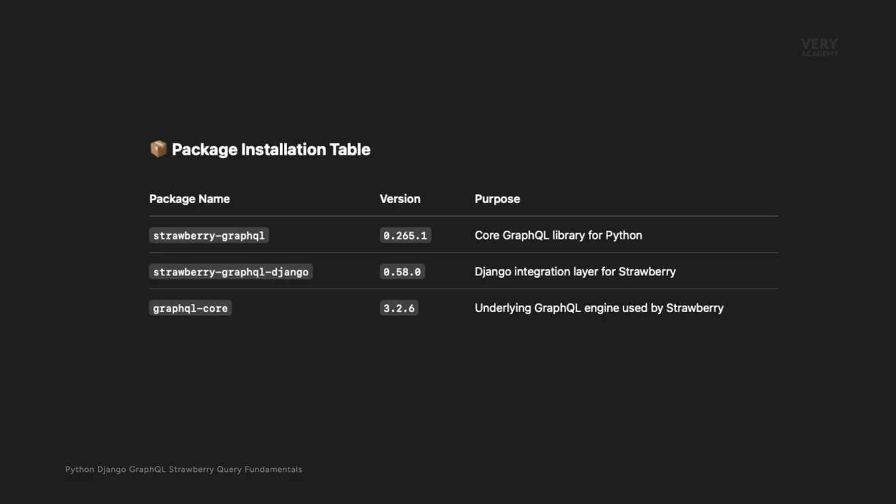Now, as we are using Django, remember Strawberry is not necessarily Django specific, but through the Strawberry GraphQL Django package, this will add Django specific features like model binding and view integration, which makes it a little bit more convenient to use Strawberry within Django. As we work through the course, no doubt we will take a look at some of the Strawberry GraphQL Django features. And then finally, we will also install GraphQL Core. So this is the engine behind the scenes that actually handles GraphQL execution.